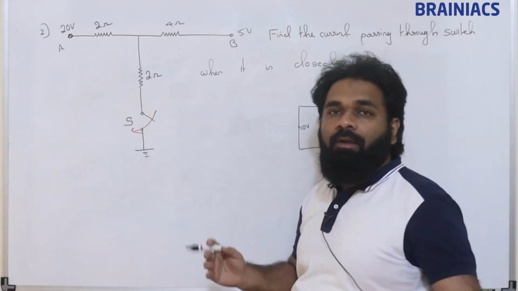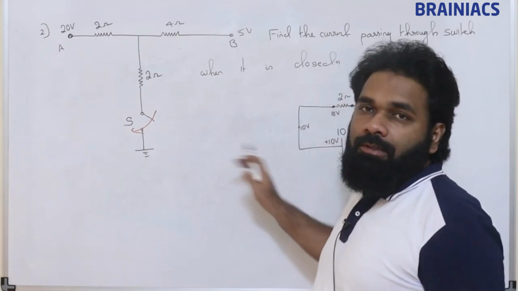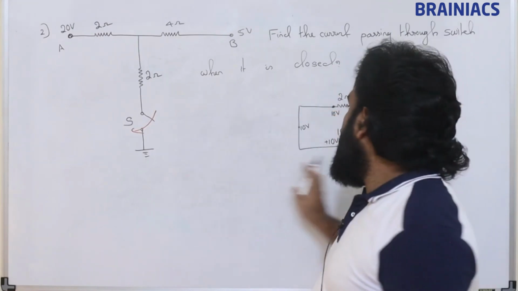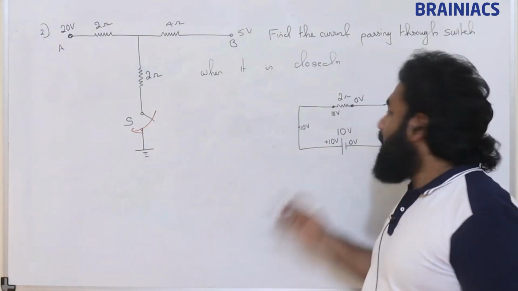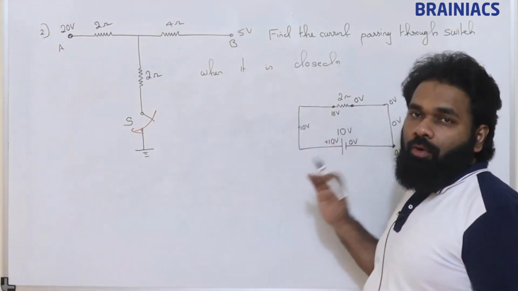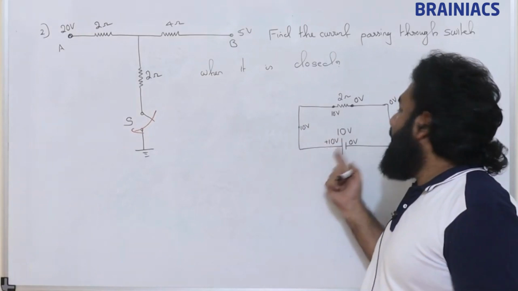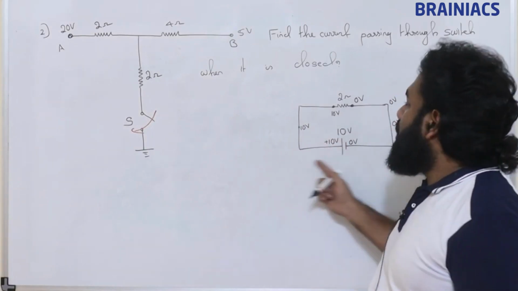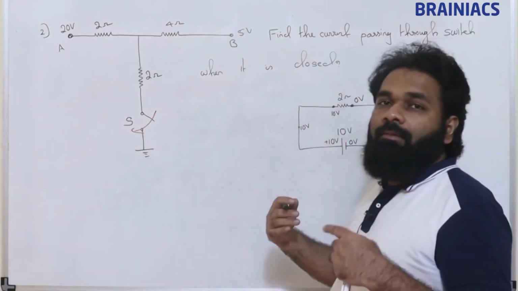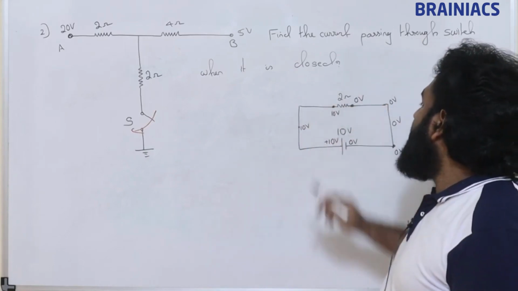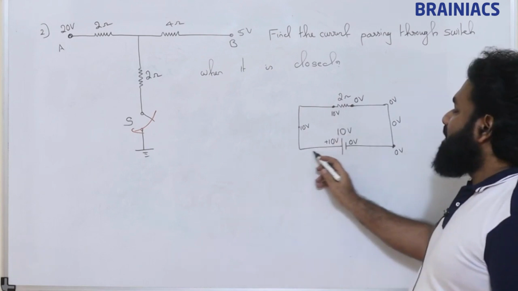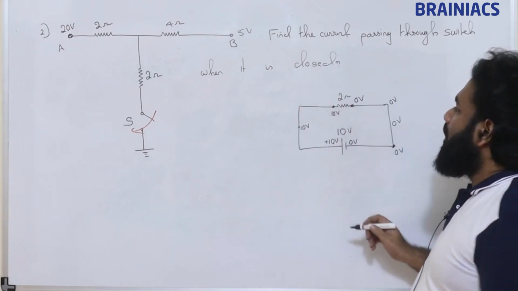The battery will supply energy to the charges, and so the battery will provide EMF, or a potential difference will be created by the battery. That potential will be taken by these resistances. So when there is only one resistance, we can say 10 volt here, 0 volt here.